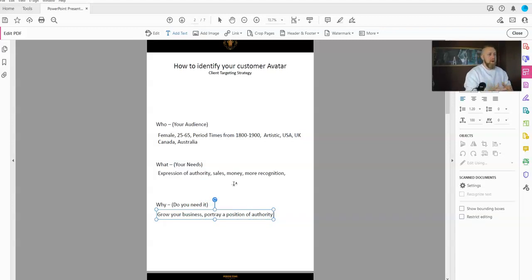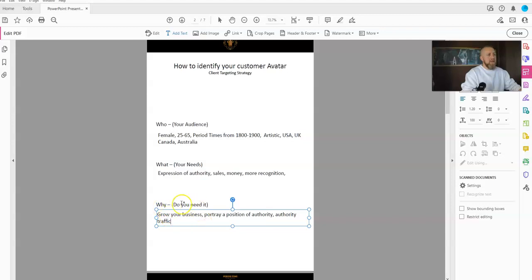So if your book doesn't portray a position of authority inside of your market, then why would your customer ever buy it from you, right? Why would you need more recognition? Again, it comes down to authority, and also traffic. If you have market recognition, then you have authority. And if you have authority, then you're able to produce more traffic on your book organically, right?